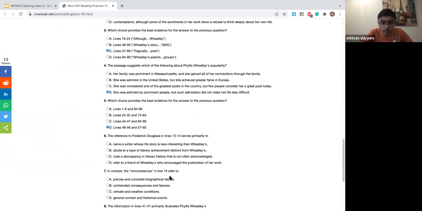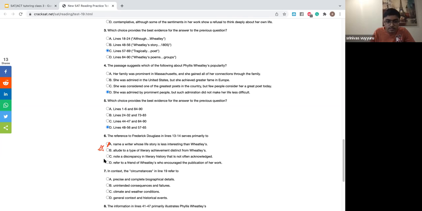So that is what I got from there. So it's not A. Nowhere in the passage does it say his life story was less interesting than Wheatley's. B sounds interesting because that's what I just said, that it's alluding to a different type of literature.